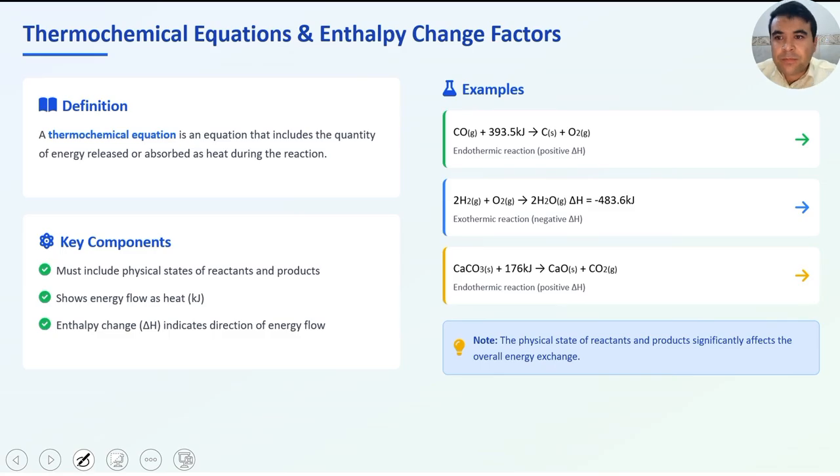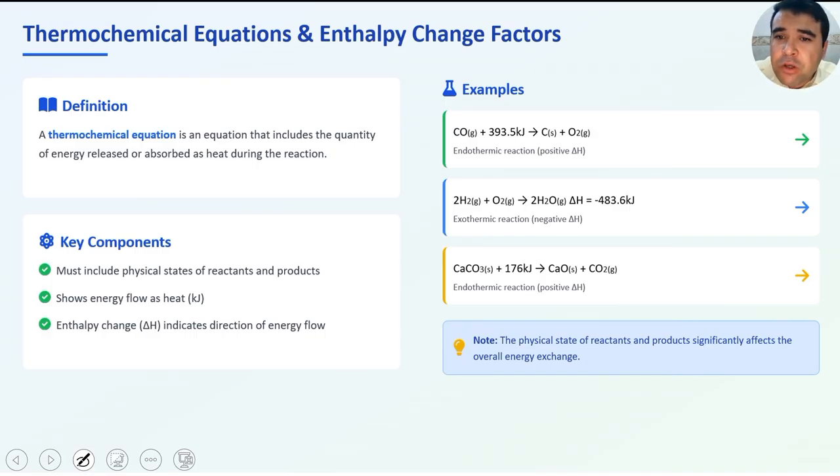In enthalpy changes, we should write the equations in a way we call thermochemical equations. So let us define what a thermochemical equation is, how to write one, and how to determine whether a reaction is endo or exo through the thermochemical equations.